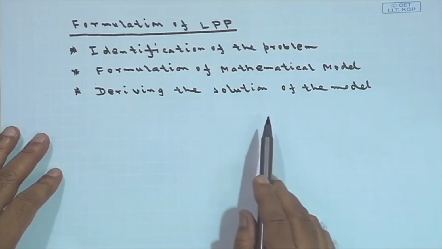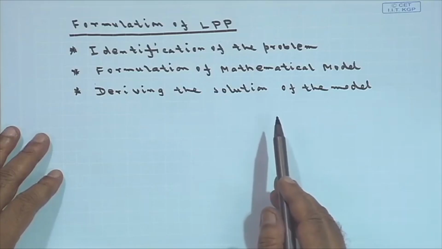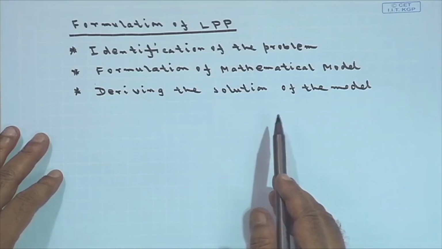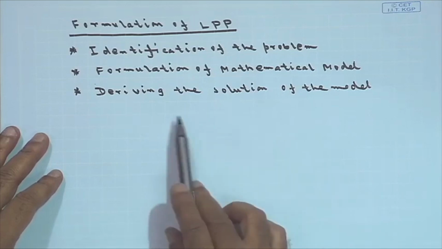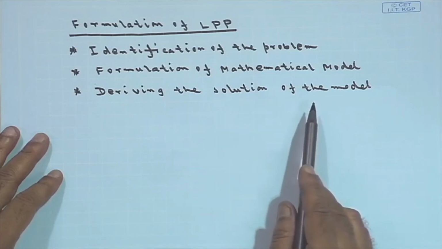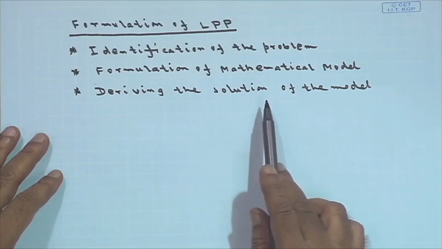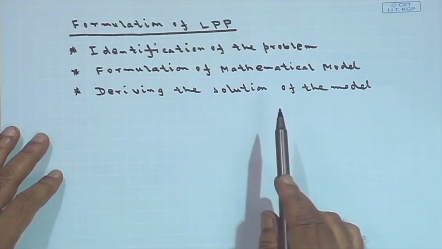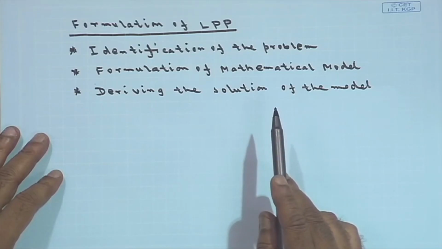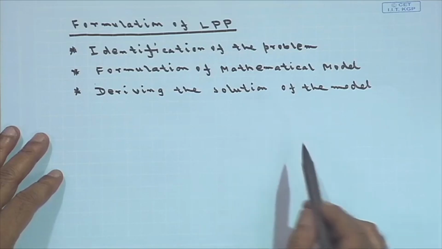Now, what technique or methods will you use to solve the mathematical model? For that, I have to find the solution of the model, and optimization comes into the picture basically at this stage. Optimization is the technique by which you can find the solution of some mathematical model.